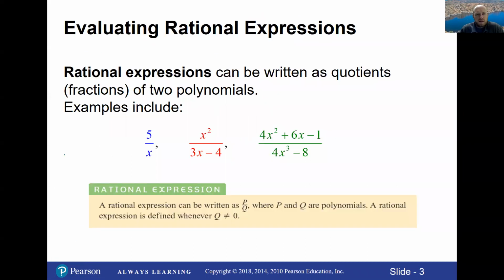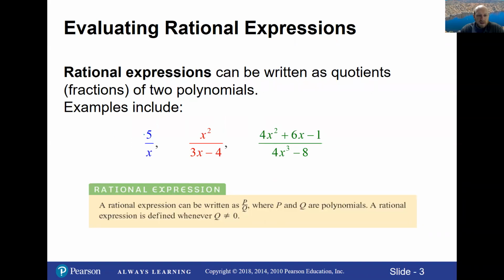But before we get into that, let's define what a rational expression is. Rational expressions are expressions that can be written as quotients, so fractions of two polynomials. Examples of rational expressions would be maybe 5 over x.